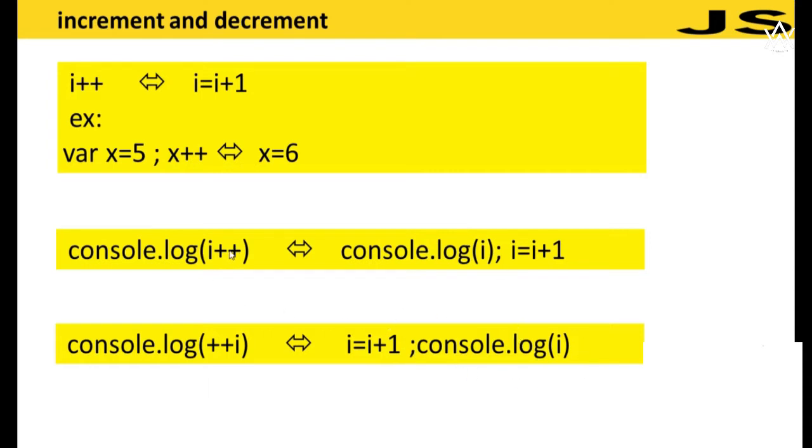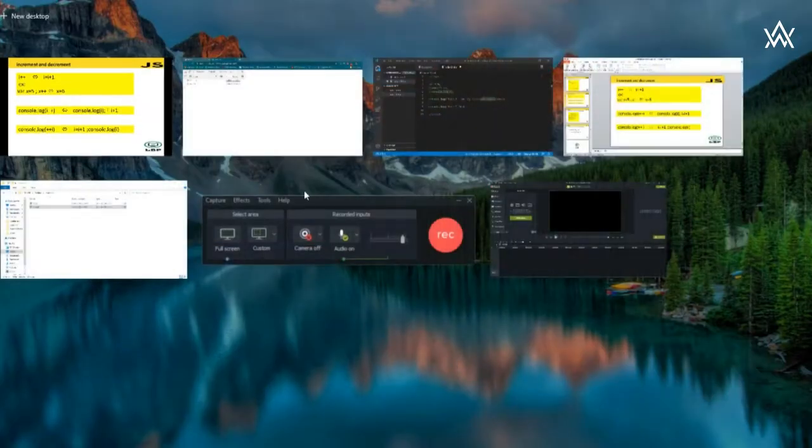So the difference between i plus plus and plus plus i: in i plus plus we display the variable and after we increase it by 1. In plus plus i we increase the variable by 1 and we display it after. And we will see the result very quickly.